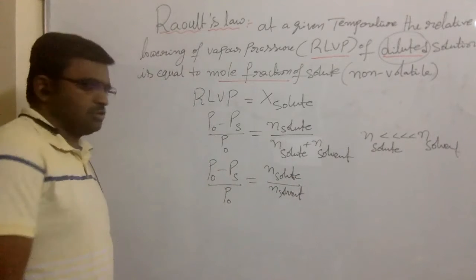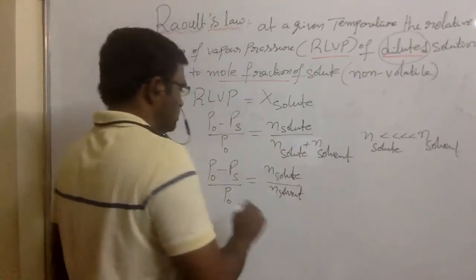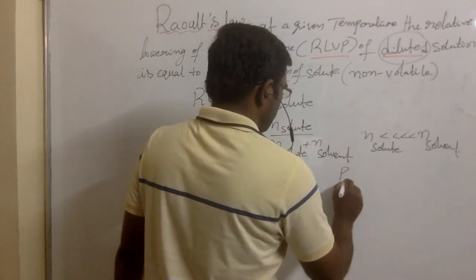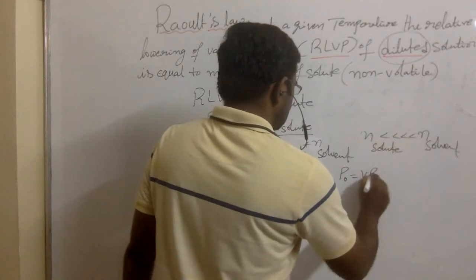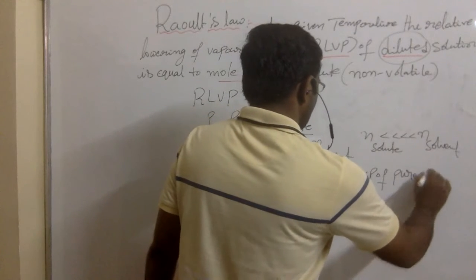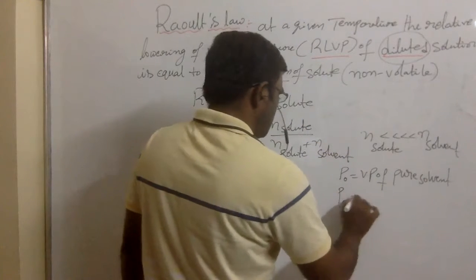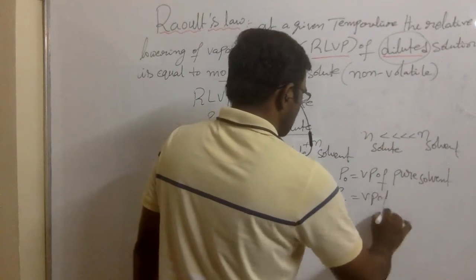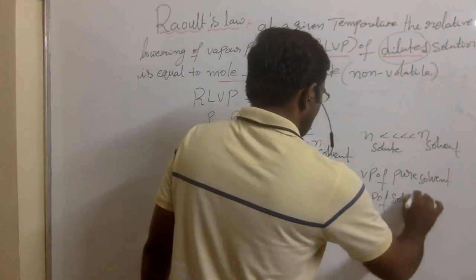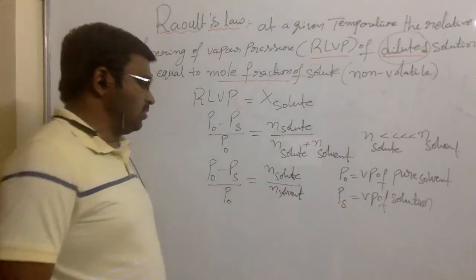See students, here P naught is the vapor pressure of pure solvent, and PS is the vapor pressure of solution.